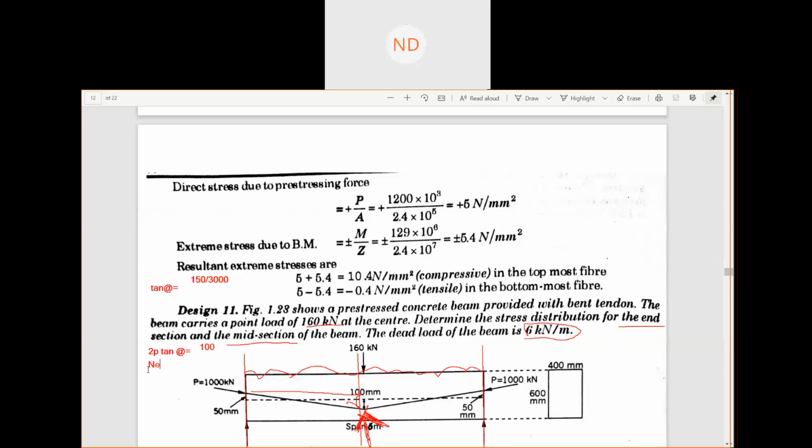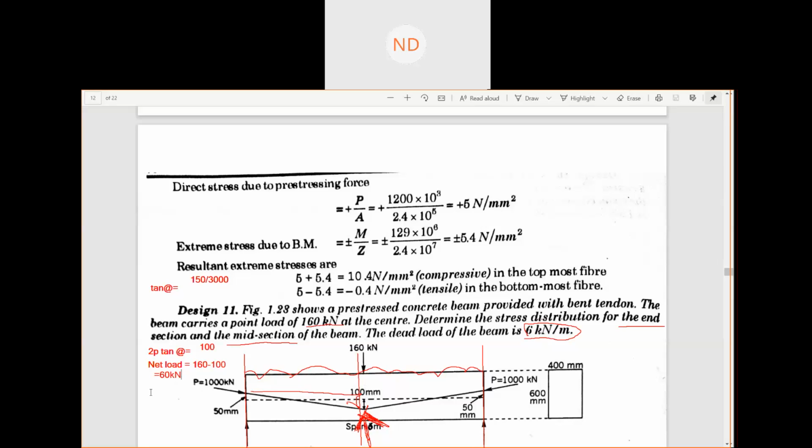Net load will be how much? 160 minus your 100, so that will be 60 kilonewton. Your net point load, due to this external load 160 and the upward counterbalancing by the upward thrust 2P tan theta, is now 60 kilonewton falling on the beam.